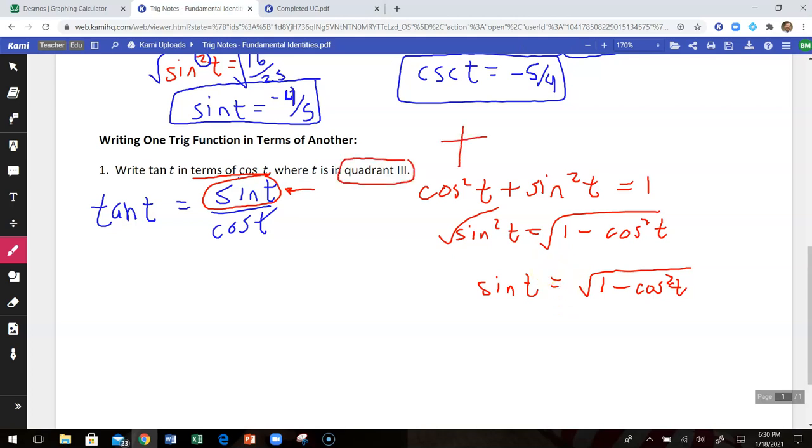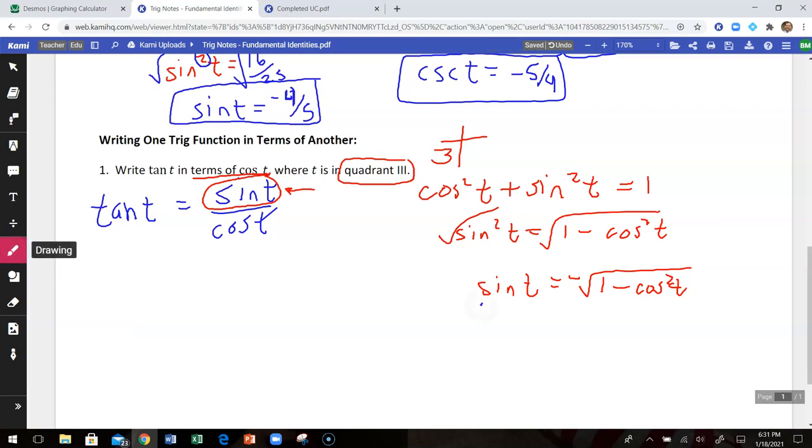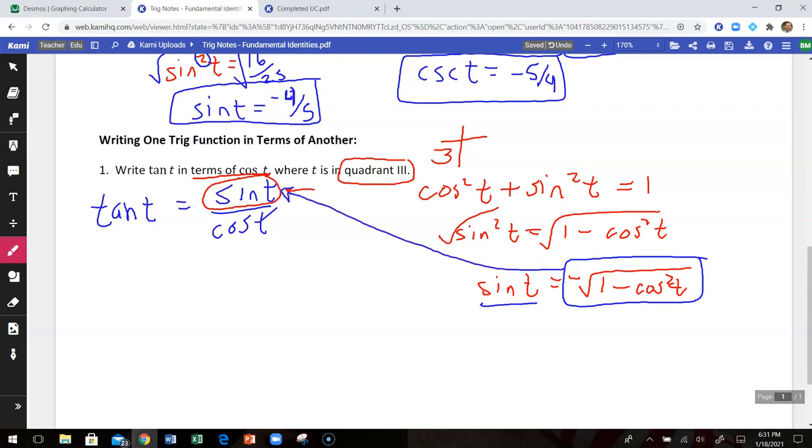We're in quadrant 3. So what I just did was I solved for sine in quadrant 3. Sine is the y-coordinate. This should be negative. Then the idea is, since I solved for sine, what I'm saying is sine is equivalent to negative the square root of 1 minus the cosine squared of t. That's going to go in up here.